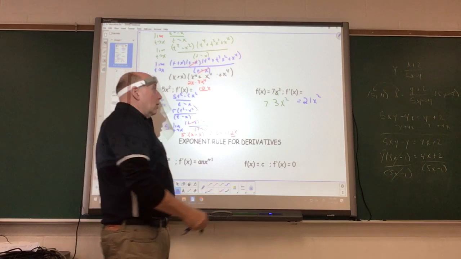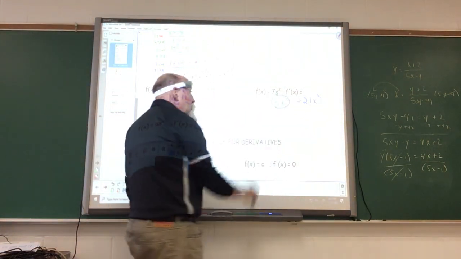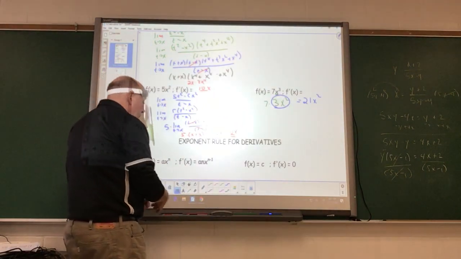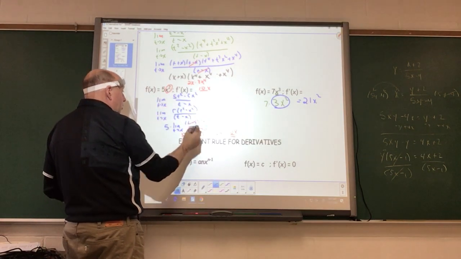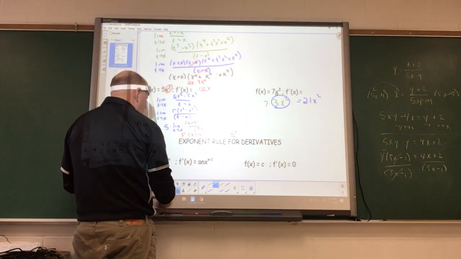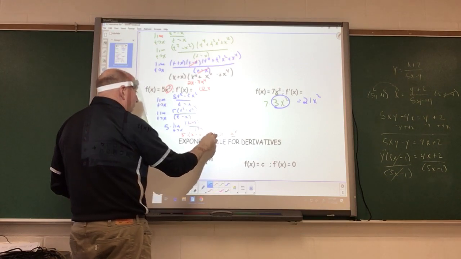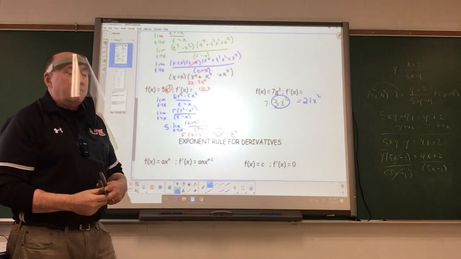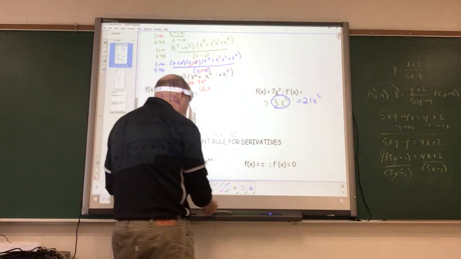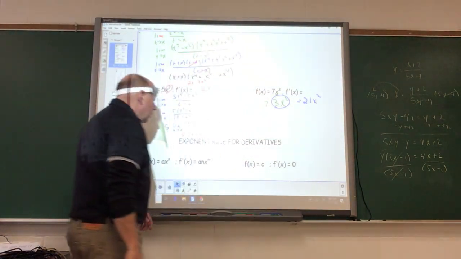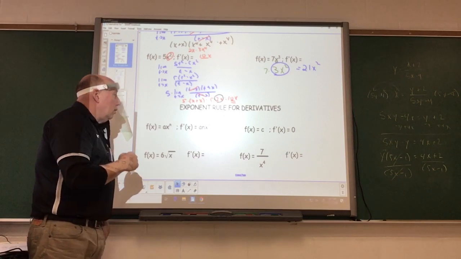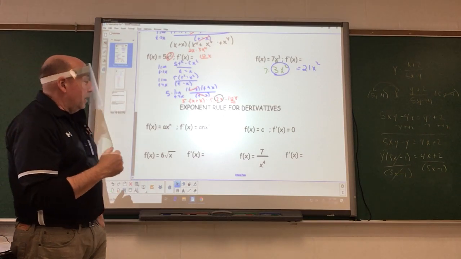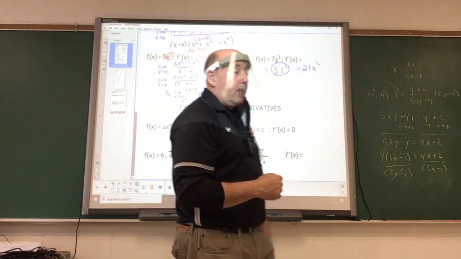So we're still taking the derivative of our x cubed to give us 3x squared. We're still taking the derivative of our x squared to give us 2x. But now we're just multiplying by the coefficient, whatever the coefficient is. So we have our exponent rule for derivatives.